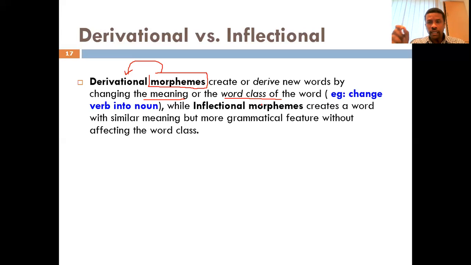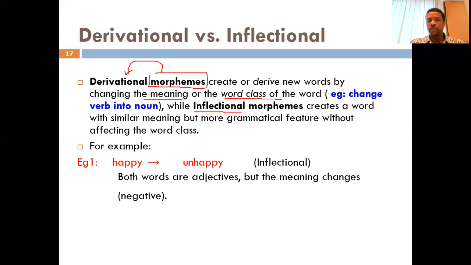Otherwise, if it changes only the meaning, but not the part of speech, then we call that inflectional morpheme. Mind you, morpheme is part of a word. Okay, but if that morpheme changes the meaning and at the same time the part of speech or the word class, we call it derivational. If it changes only the meaning, then we'll call it inflectional morpheme or inflectional morphology.